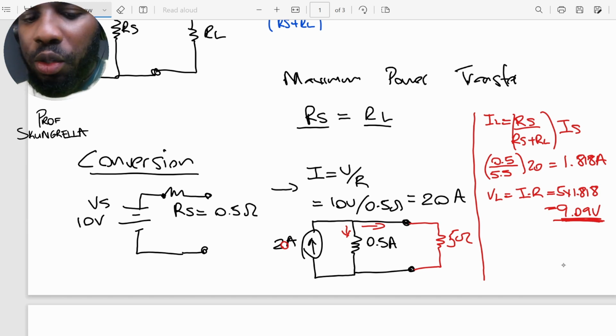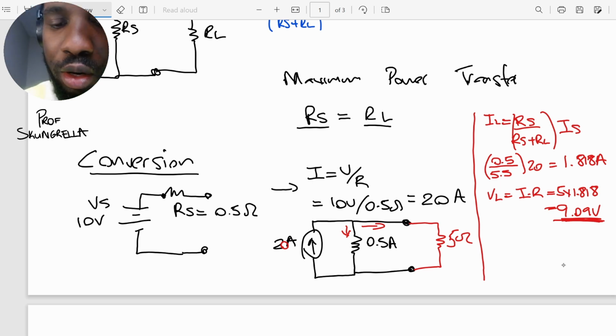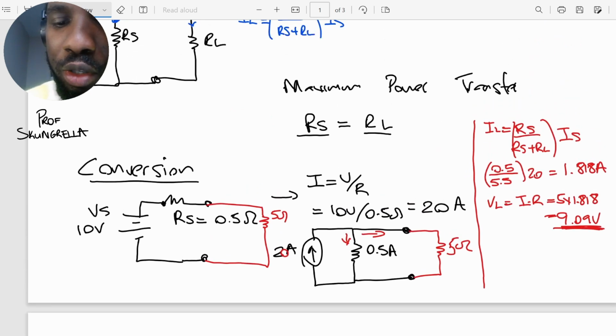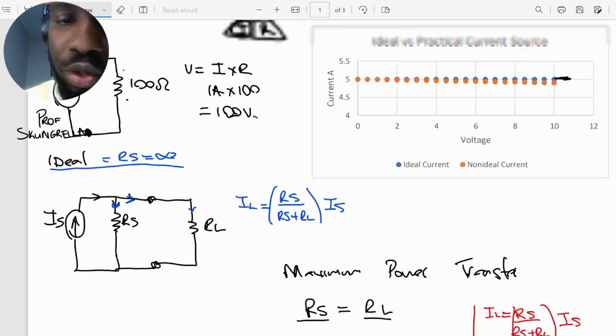Let's do the same thing for our voltage source over here. What if we connect our 5 ohm load across it? What's the voltage going to be across our load resistor? This is what we want to find out. To do that, we're going to use the voltage divider equation that we looked at.